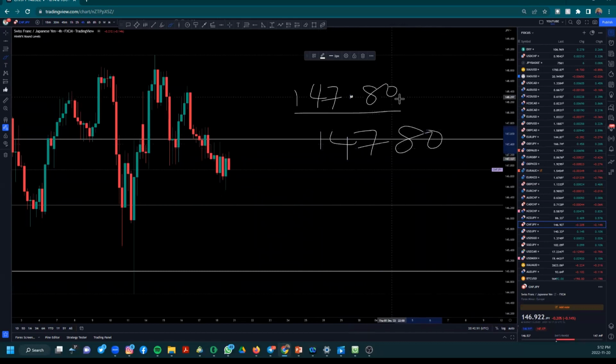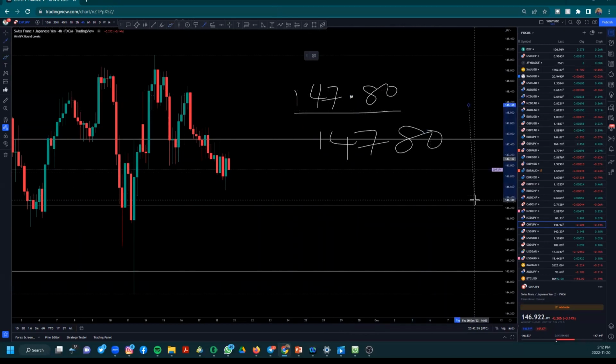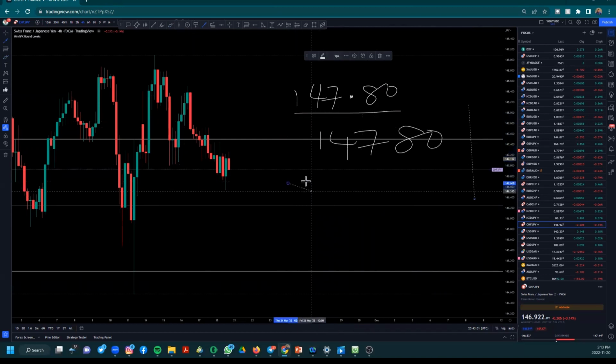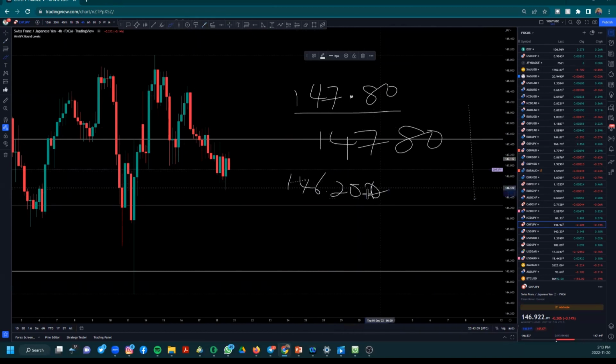And if this price moves down to, let's say, 146.20, this becomes 14620.